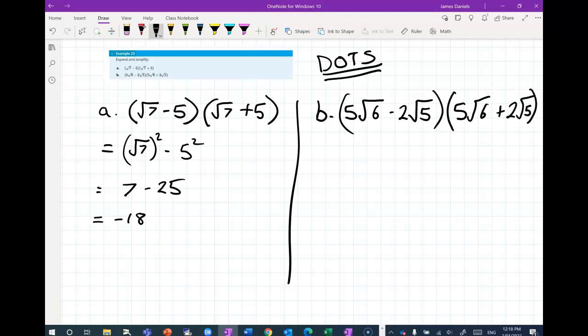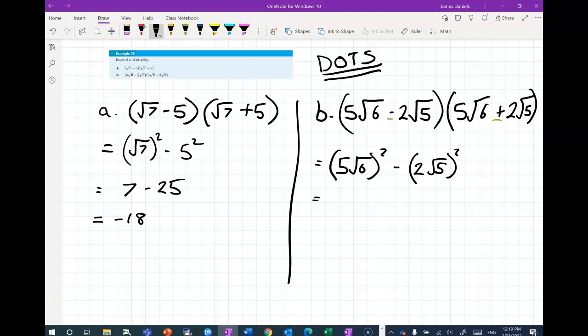Once again, because of the plus and minus and the same numbers, I've gone fantastic. This is a difference of 2 squares. So I'm going to write it as 5 square root 6 squared minus 2 square root 5 squared. Back to rule 1, where this 2 belongs to the 5 and it belongs to the 6 here.